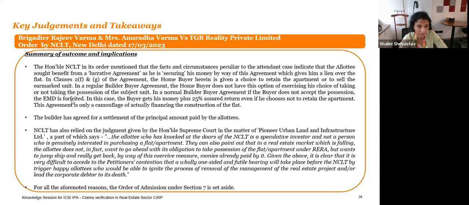But in this case, the buyer was being committed his original principal plus 24% assured return, even if he chooses not to retain the apartment. Thus, the agreement is only a camouflage of actually financing the construction of the flat, not for the purpose of taking its possession and residing in it, but for the purpose of only investment returns.